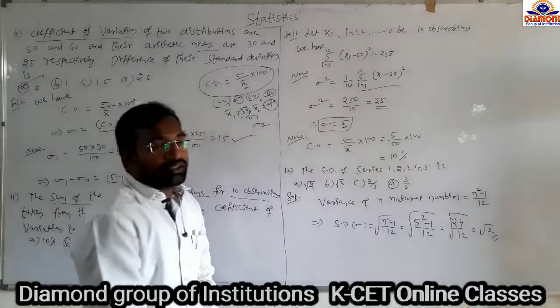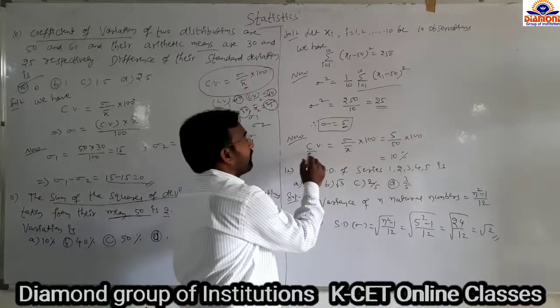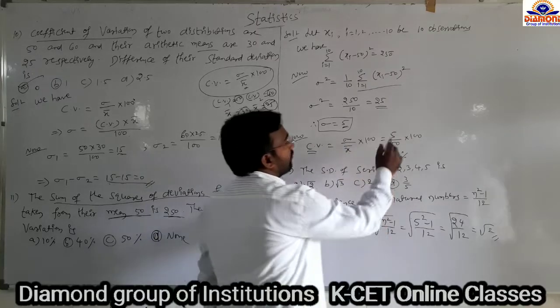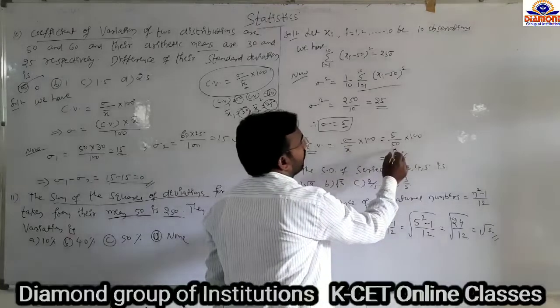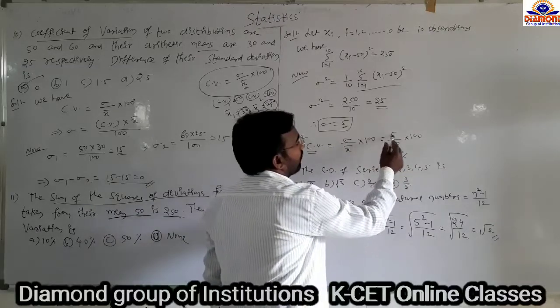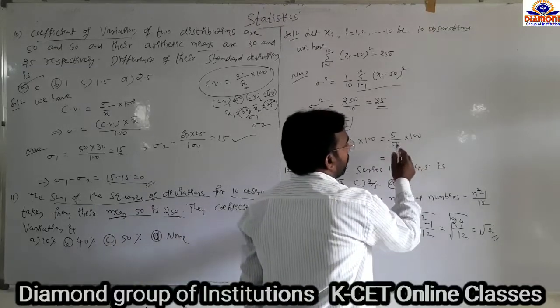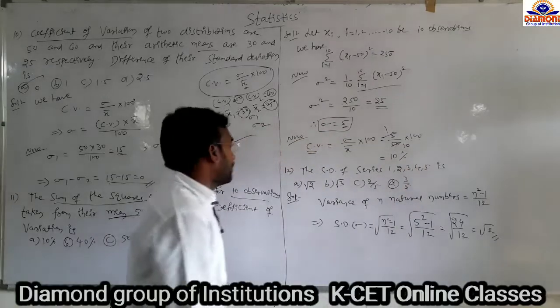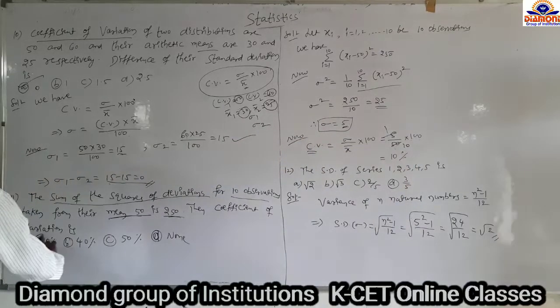Now calculating the coefficient of variation: CV equals sigma by x bar into 100. Sigma equals 5 and x bar is given as 50. So 5 by 50 into 100 equals 10%. So the option is A.